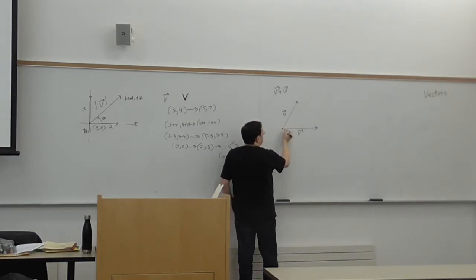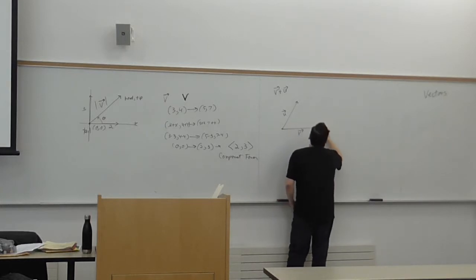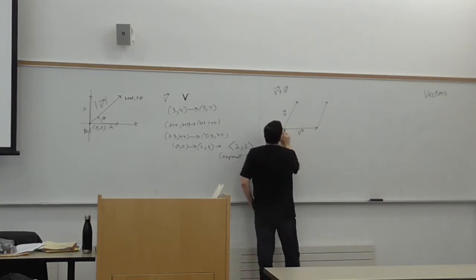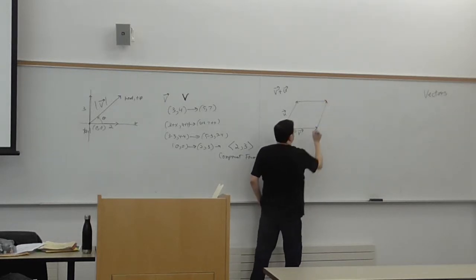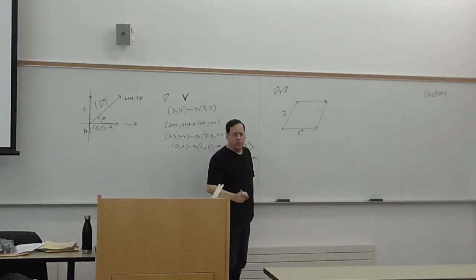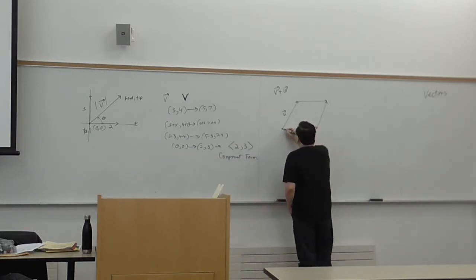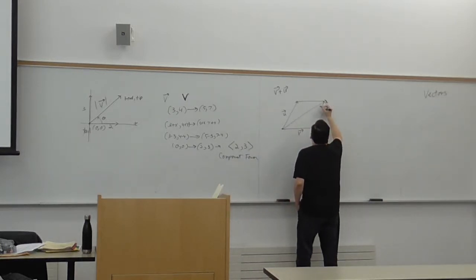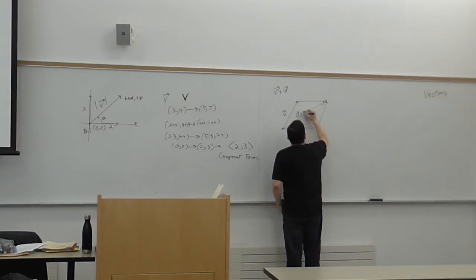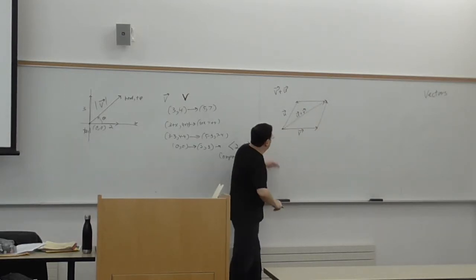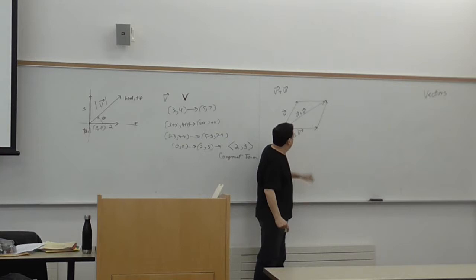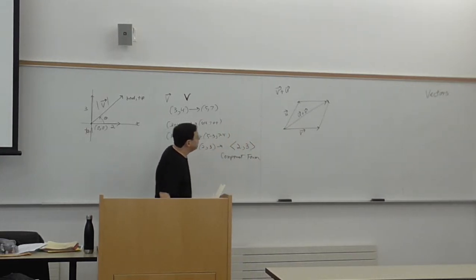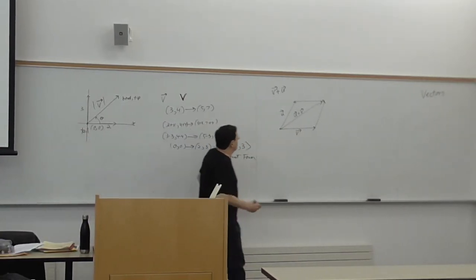I can place the tail of u at the head of v, or I can put the tail of v at the head of u. When I do this, I get a parallelogram. And my new vector, u plus v, is the vector I get when I go from the tail of the original vector to the head of the other vector. So that's how I add vectors.